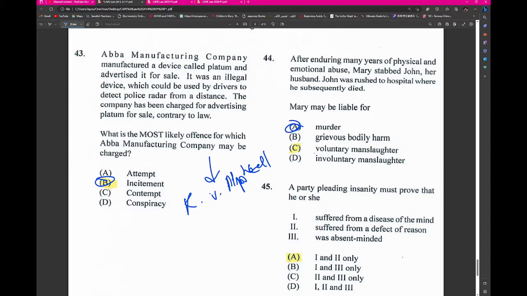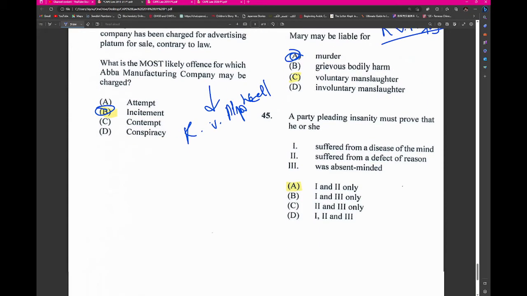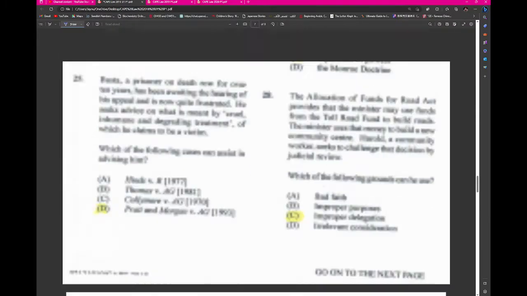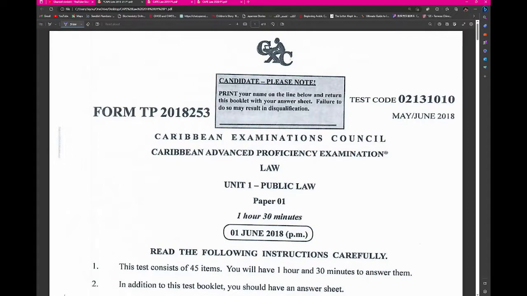I argued this already, that I believe she would be liable initially for murder, and then her case would be dropped to voluntary manslaughter using battered woman syndrome, R v. Duffy. So I'll go with that. A party pleading insanity must prove that it's a defect of reason and disease of the mind. 1 and 2 only. So that is Law 2018 Unit 1 Paper 1.